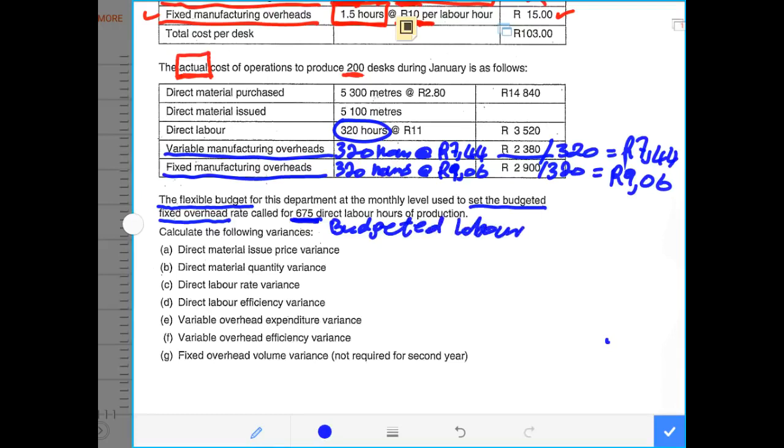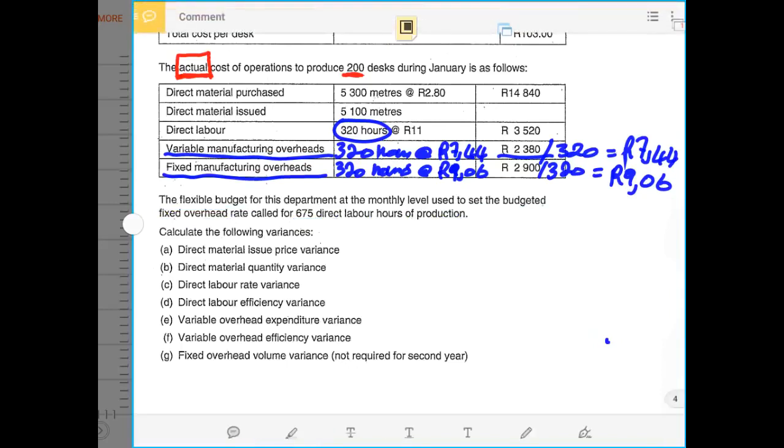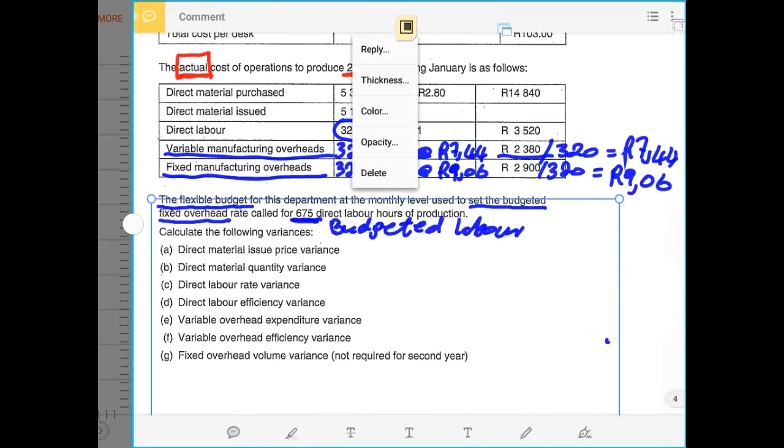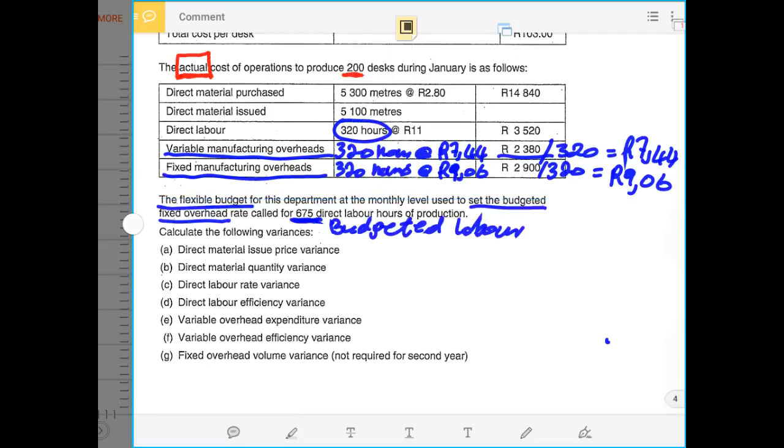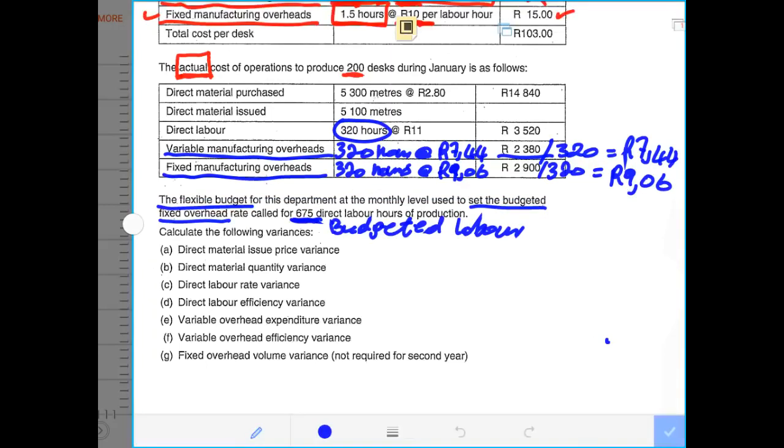Now if they give us budgeted labor hours, it means we can use them to calculate what we call budgeted production, because in this case we are only given budgeted labor hours, but we don't know our budgeted production. Remember, these labor hours were based on the number of units that the company budgeted to produce.